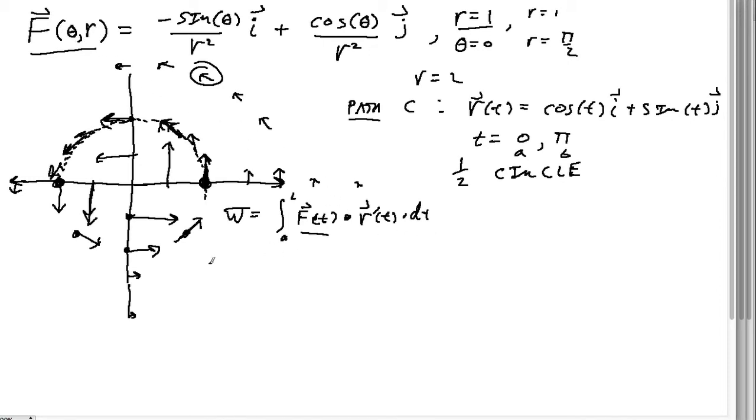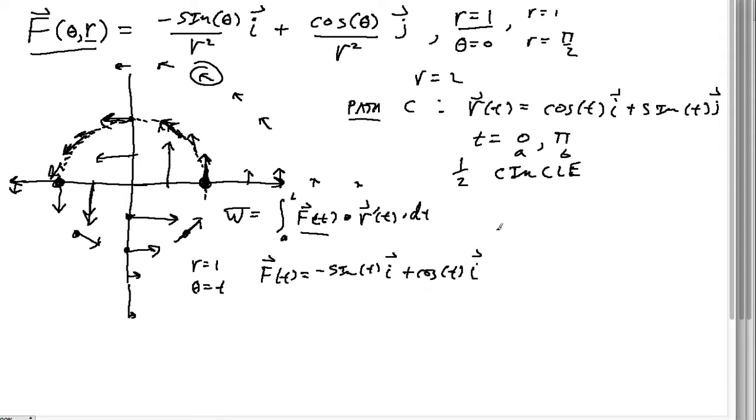All right, so we have to identify. So r in this case is just going to be 1, r being the scalar value, not the vector value. And theta is going to just be equal to t. So f of t is going to be negative sine t times i plus cosine t times the j vector.